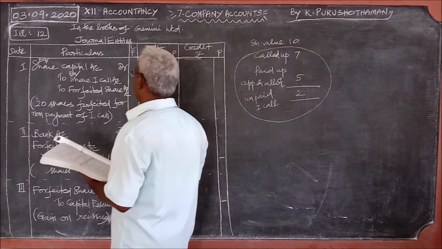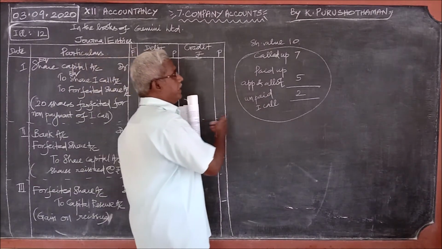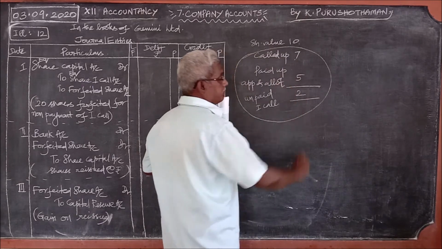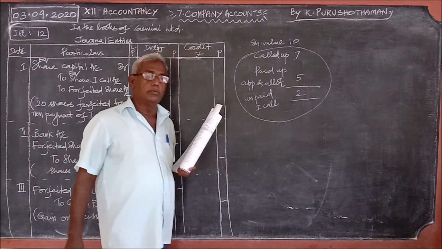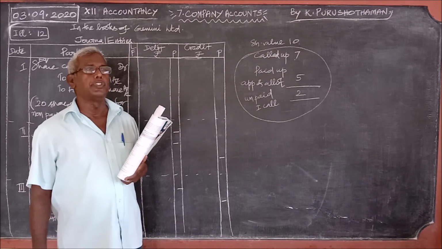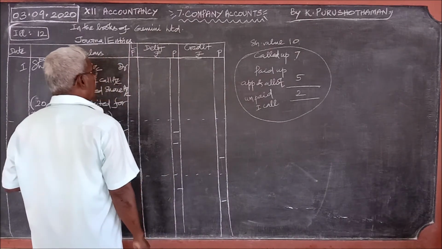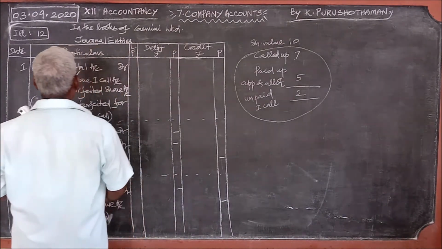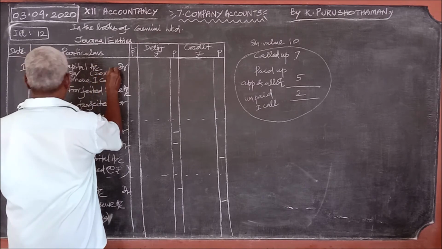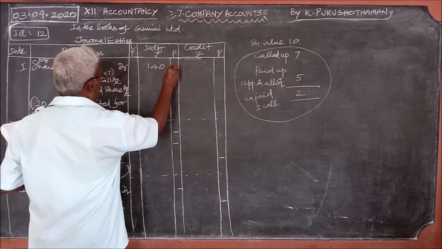Here, to fill up the share capital account, what should be taken, the share value or the called up value? In the last problem itself I told you, when the called up value is given, you should take only the called up value. Therefore, 20 into 7, it must be 140 rupees here.